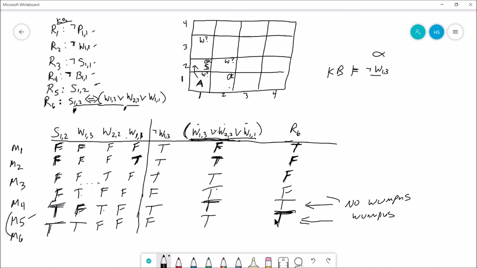But there'll be more if we were to flesh out this entire truth table. The truth table would be huge, but there'd be more than one. And so we can't say, because in certain possible worlds there is a Wumpus, and in others there's not. So it's possible that there is a Wumpus in 1,3. It's inconclusive. The knowledge base does not entail that there's no Wumpus in 1,3.